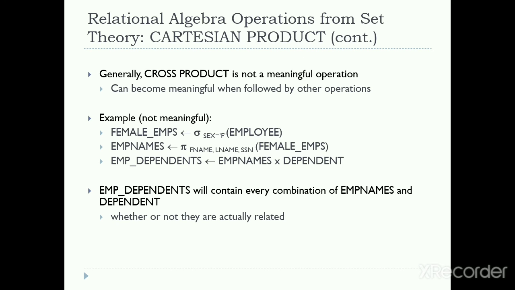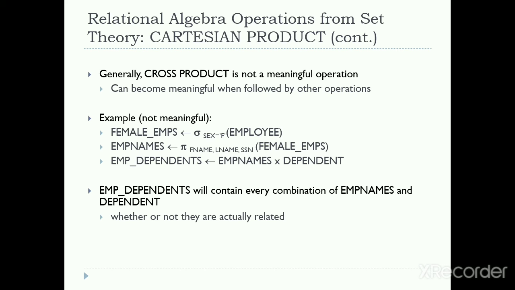Now when we take the Cartesian product, we may get some meaningful results, or some tuples may not have meaning. That means the actual purpose may not be produced using Cartesian product.